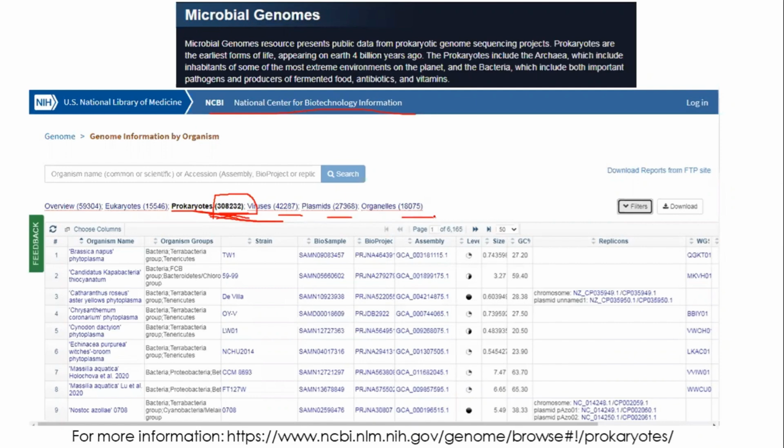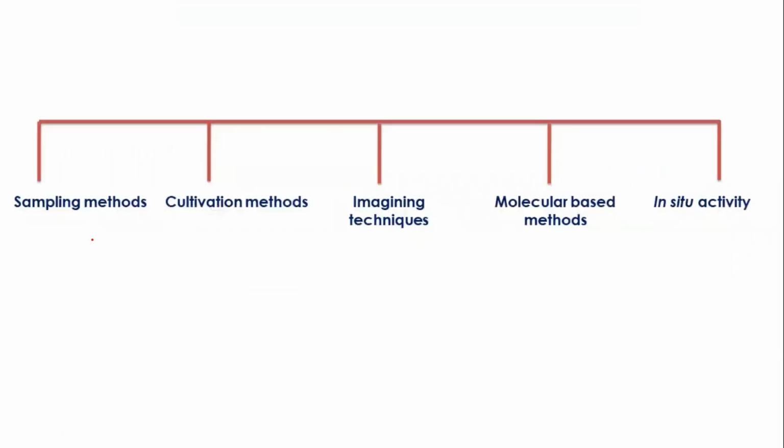So I hope that now I have covered the sampling methods, the various methods for cultivation of bacteria or microbes, imaging techniques, and the various molecular based methods, not directly 16S but also those used in flow cytometry and fluorescent in situ hybridization, that is FISH.